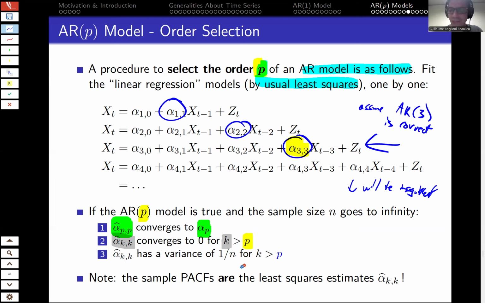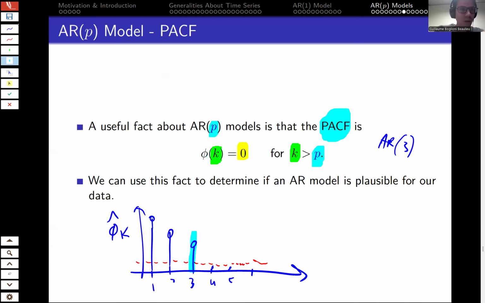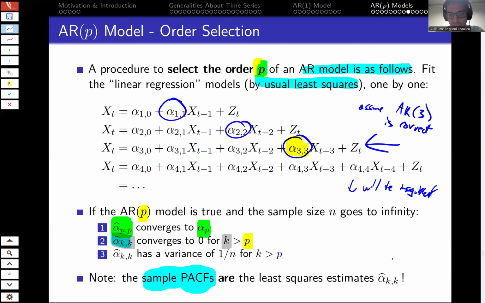But now, lastly, there's a comment here. We use this new notation, alpha hat kk, but the sample partial autocorrelation, what it makes sense to call alpha hat k here, the partial autocorrelation estimated from our data, those are actually the least squares estimates of those linear regression models.